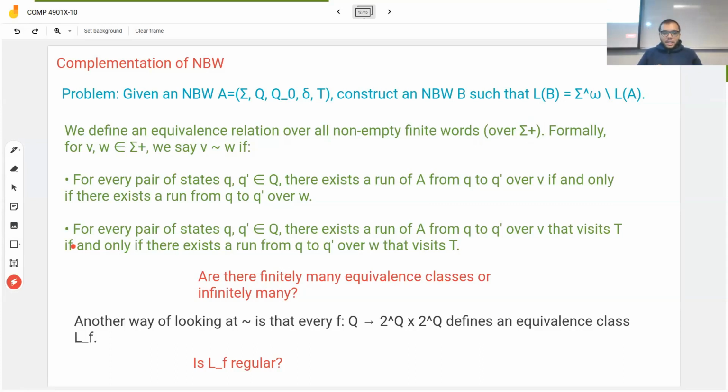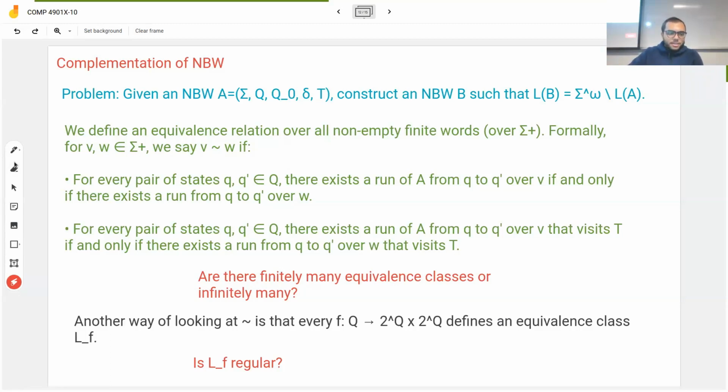So again, imagine this. I have an infinite string. I'm giving this infinite string to my automaton A. Now I want to do some small surgeries. I go over this string, and whenever I see V, I just delete V and put W instead. But I want to do this in a way that makes sure the behavior of my automaton does not change.